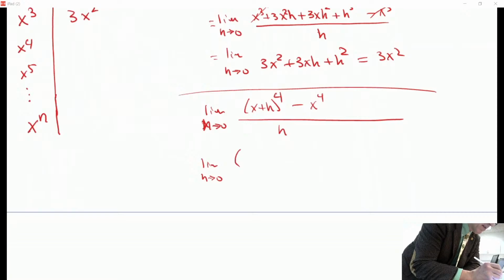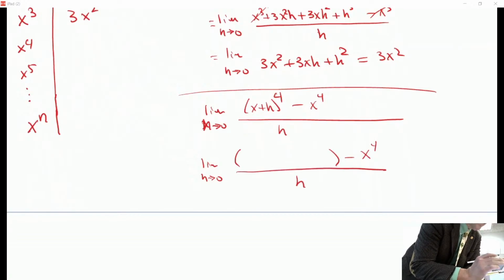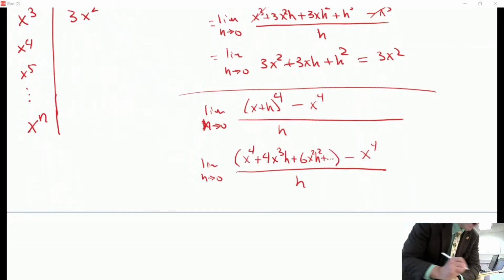Now check this out. As a mathematician, and like I said, I'm a professional, don't try this at home, I can actually save myself some work. I know that this is going to be x to the 4th plus 4x cubed h plus 6x squared h squared plus a bunch of other stuff.